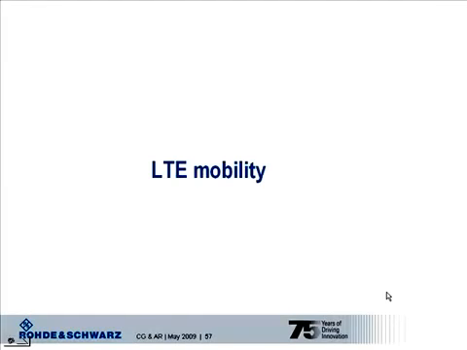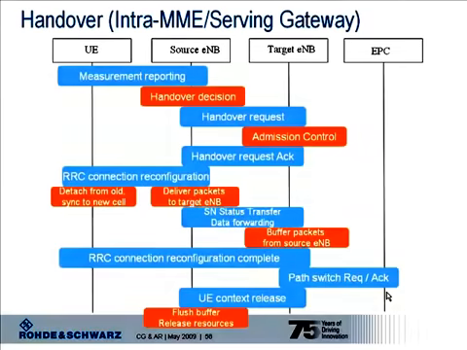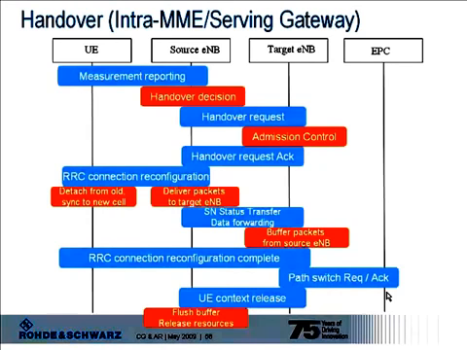In this section we will have a closer look at the mobility procedures defined inside the LTE system. This means how the subscriber moves from one cell to another. This slide illustrates in a very simplified way the procedures for a handover of a UE between two base stations, a source eNodeB or base station and a target eNodeB or base station.